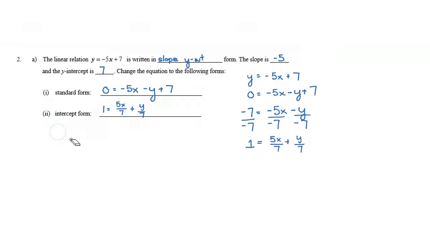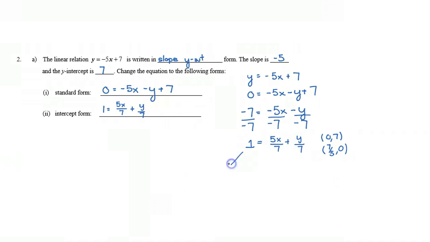However, though it's very easy to see the y-intercept is the point 0, 7, the question is, what's the x-intercept? And I'll tell you that the x-intercept is going to be 7 over 5, 0. Let's look at how we can prove that to ourselves.